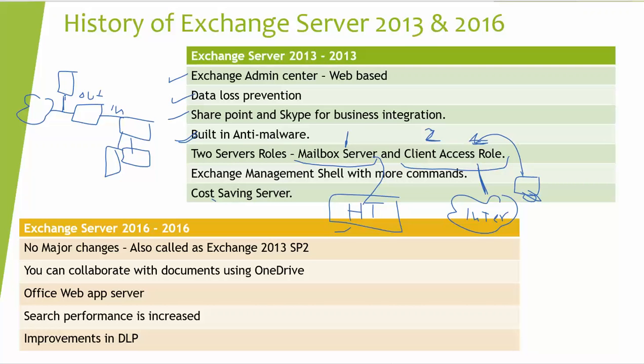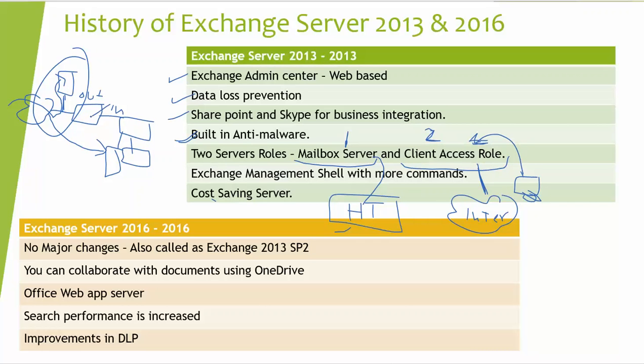So the main goal behind making sure that the edge transport server is outside is just to make sure that whenever an email comes in, it comes to the edge transport. It's not directly going to the inside network.